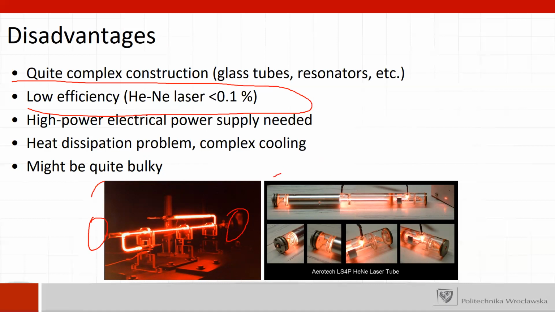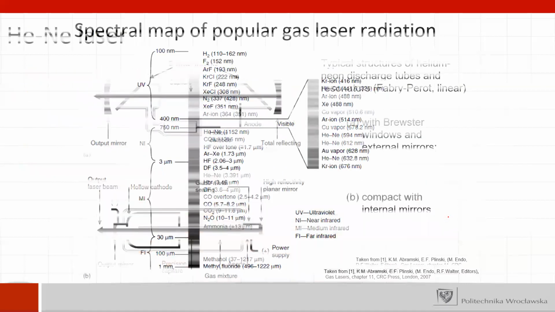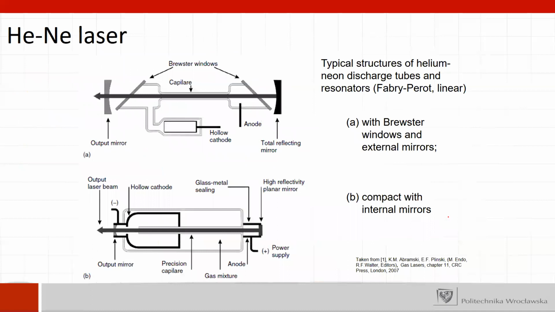The second one is the integrated tube, where we have the mirrors directly bonded on the tube. The tube just has mirrors glued on both ends, for example. This is the typical schematic of a helium neon laser.